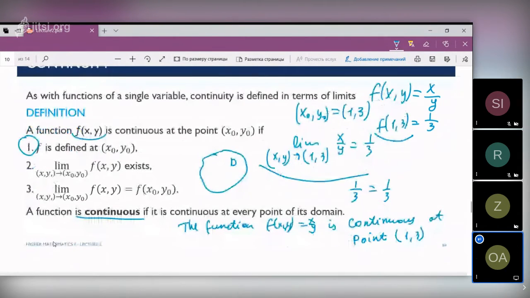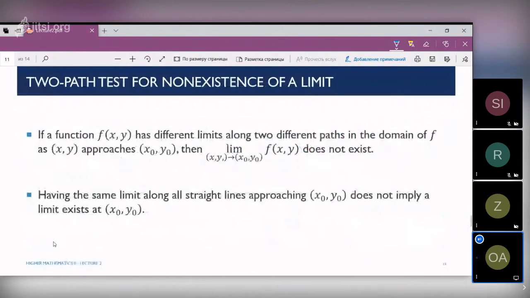We have some examples. Two-path test for non-existence of a limit. If the function f(x,y) has different limits along two different paths in the domain as (x,y) tends to (x0,y0), then the limit as (x,y) tends to (x0,y0) does not exist. Having the same limit along all straight lines, including (x0,y0), does not imply a limit exists at (x0,y0). It's similar to the right side limit and left side limit.